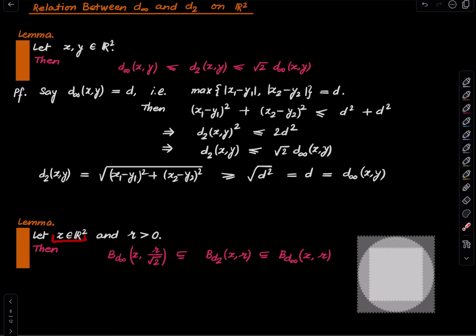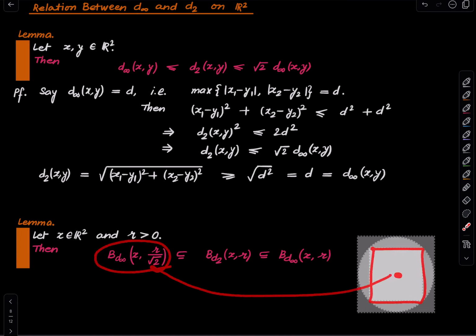Fix a point in R2 and some real number, then the infinity ball of this radius is contained in the Euclidean ball of radius R, which is contained in the infinity ball of radius R. So x is in the center, then here we have that one, and then the outer one.